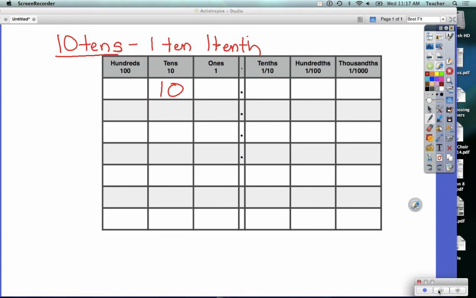What happens when I have 10 in one column? You move the 0 to the ones, but then I'd end up with 10 ones, and I want 10 tens. 10 tens sounds a lot bigger to me than 10 ones, that's for sure. What do you think?